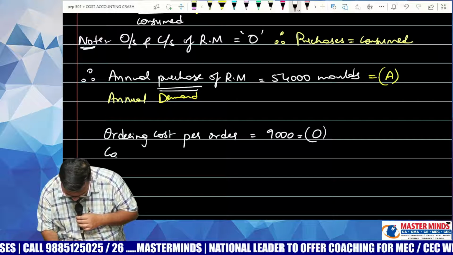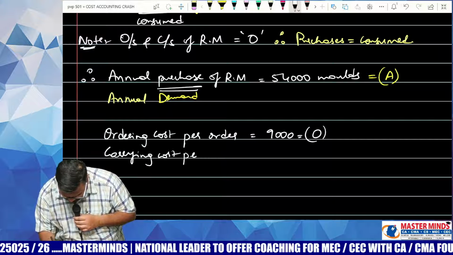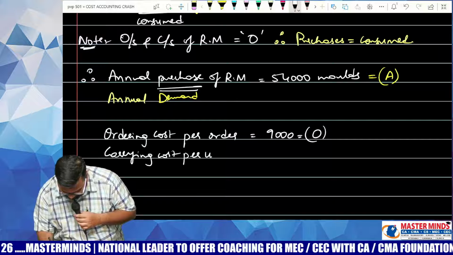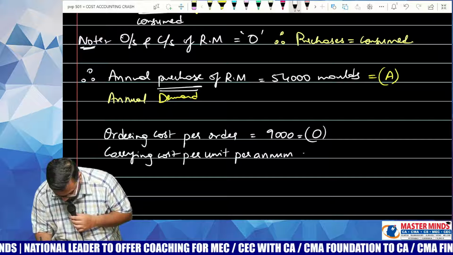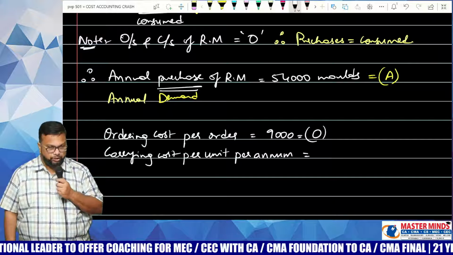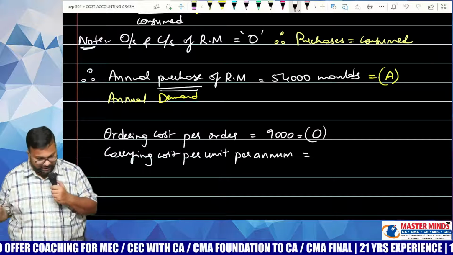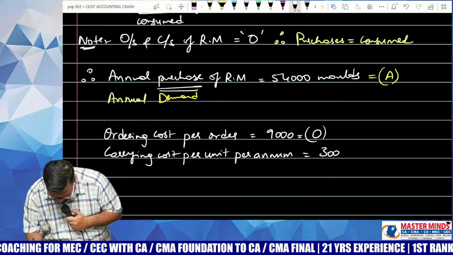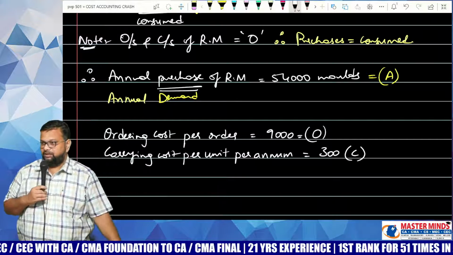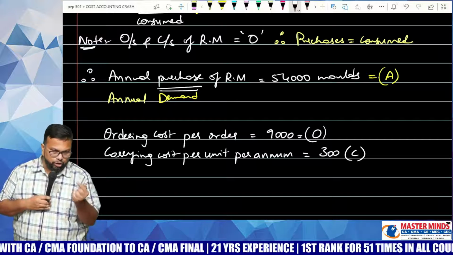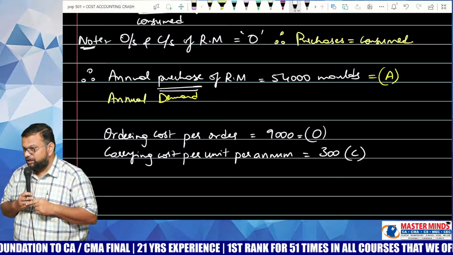Next, carrying cost. That is the other cost, right? Carrying cost is always expressed as per unit per annum. Carrying cost per unit of raw material per annum. Let us take it as 300 rupees, represented with the letter C. That means, in order to store one mold for a year, you will incur around 300 rupees.